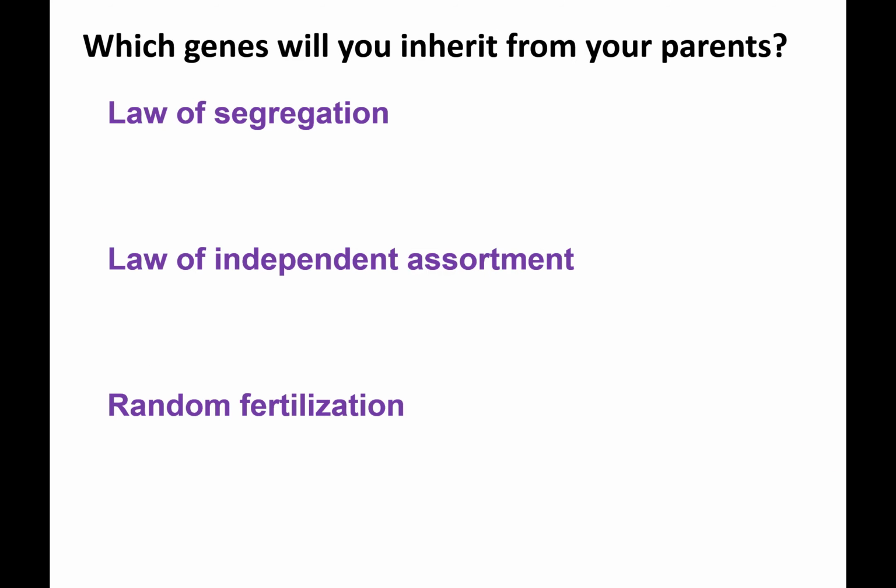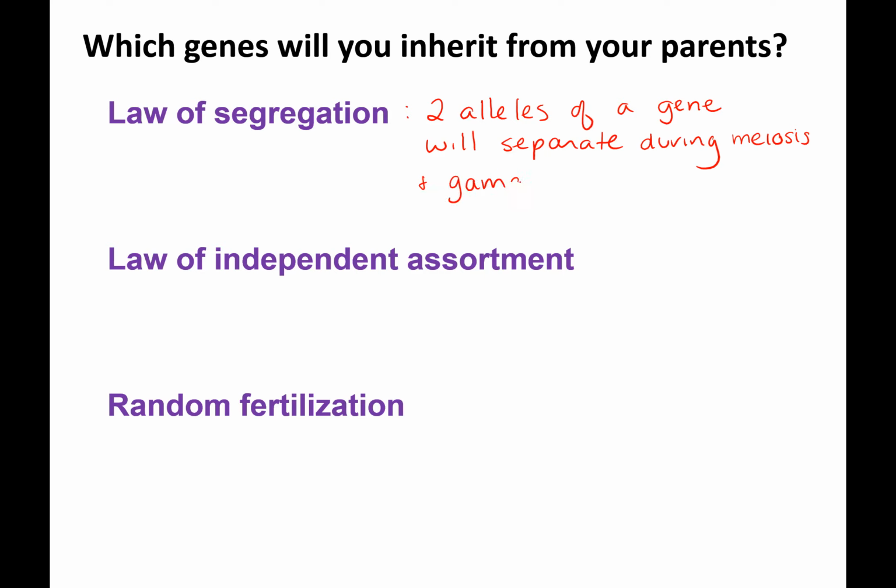So how do we determine which genes you could inherit from your parents? We have three ways. The law of segregation, which states two alleles of a gene will separate during meiosis and gametes will receive only one allele for each gene.